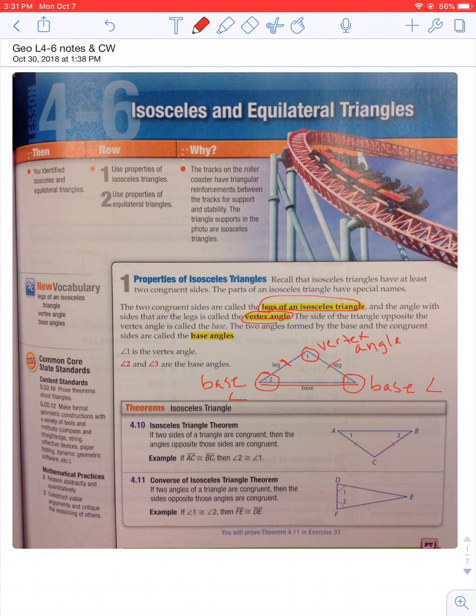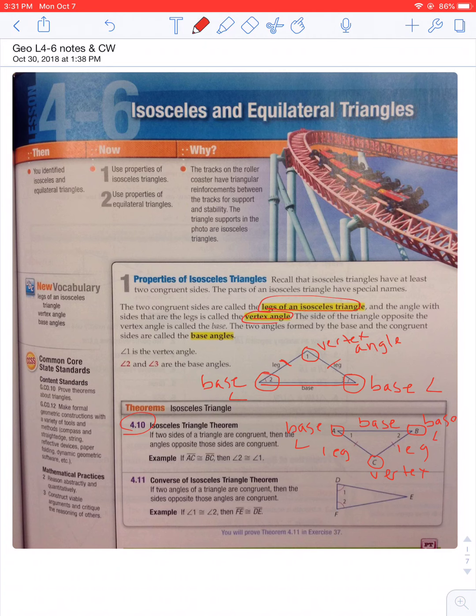Now, obviously this triangle could be turned upside down. For instance, if you look in Theorem 4.10, this isosceles triangle is turned upside down. So this is the base, this is a leg, this is a leg, this is your vertex angle, and then these two angles here, A and B, are called your base angles, okay?